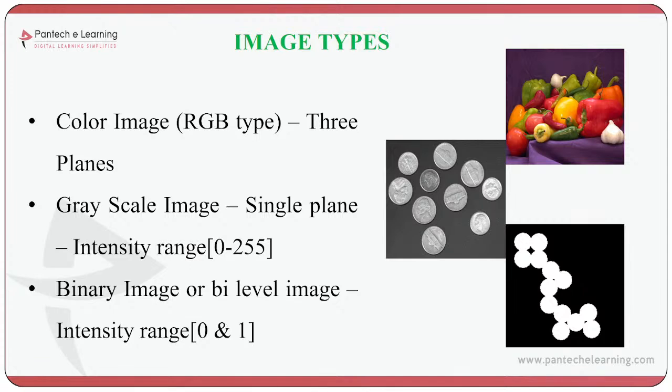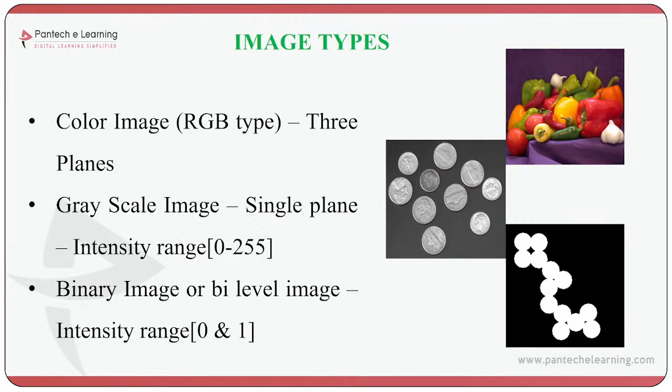I hope you understood that. It will contain a separate intensity for red color only, and a separate intensity range, I mean 0 to 255. For green also, the same thing: a separate 0 to 255 intensity will be formed.